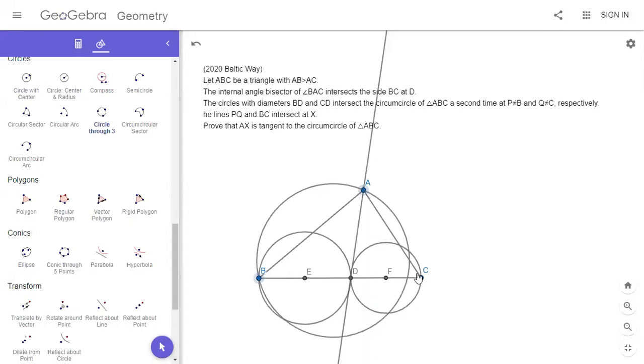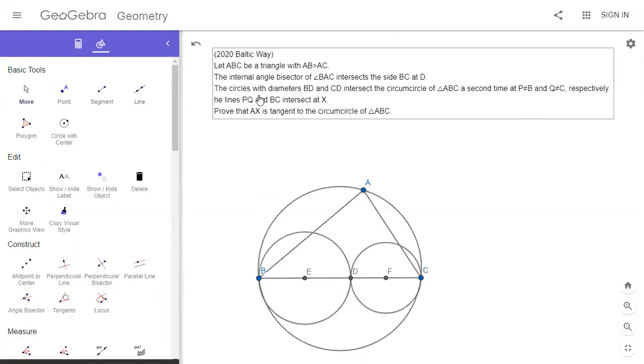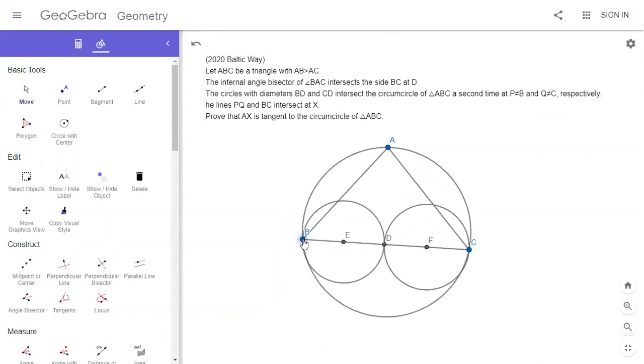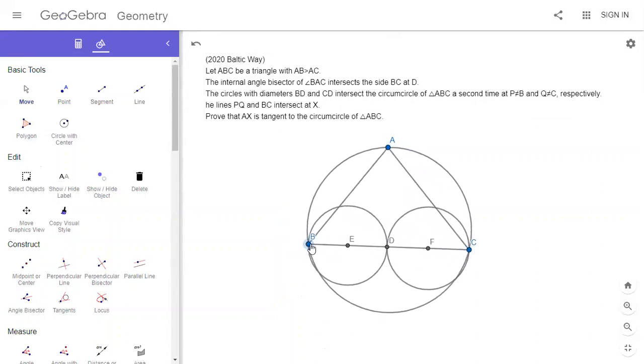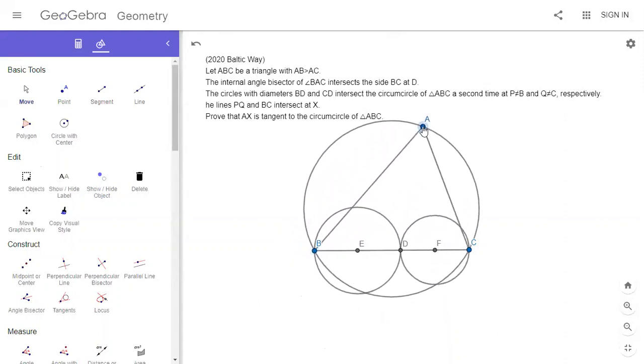of ABC. All right, so I am going to hide that line. It's hard to see the intersections here. Let's see. How do I draw it so that it looks a little better? I want like a tall triangle.